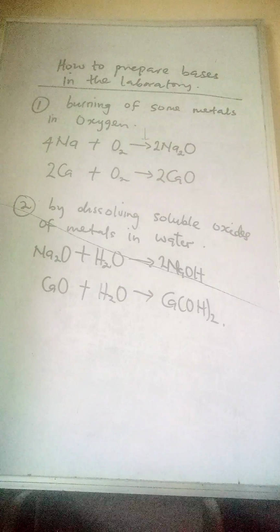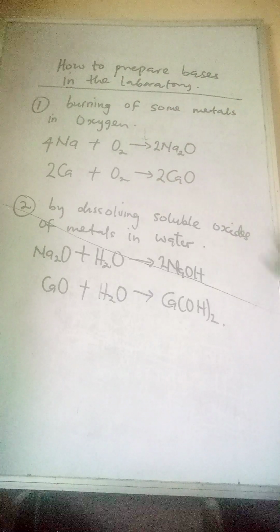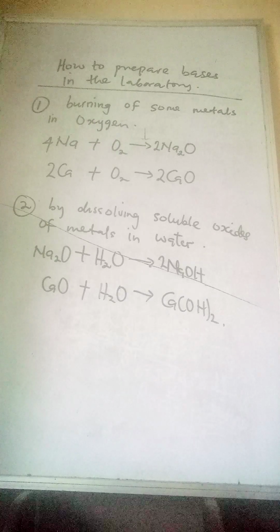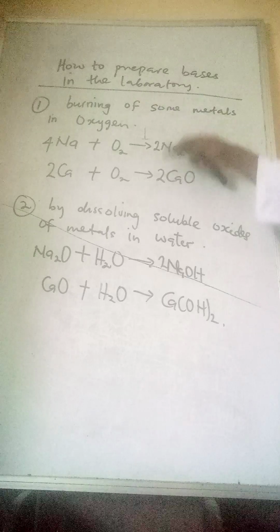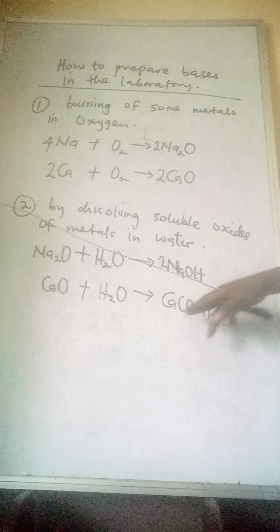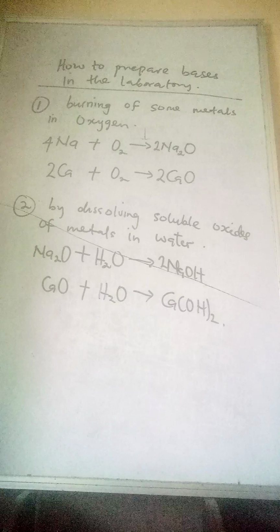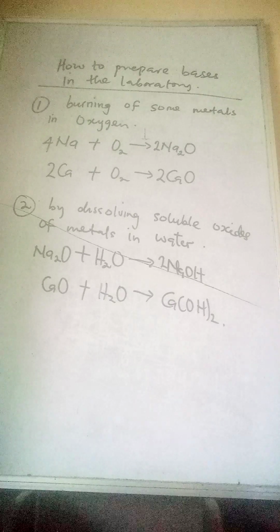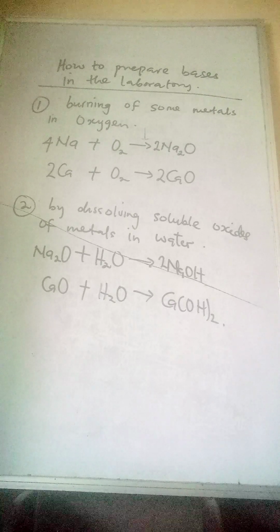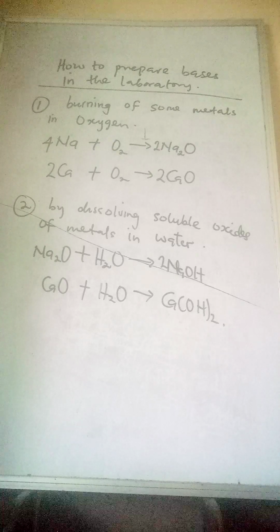When we burn calcium in air or in oxygen, it gives calcium oxide. And also, by dissolving these ones, which are soluble oxides, in water, we get hydroxide, which is also a base and as well an alkali. So these are the two ways we can prepare bases in the laboratory.